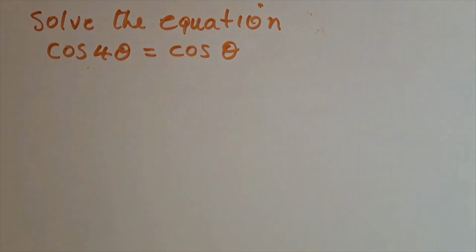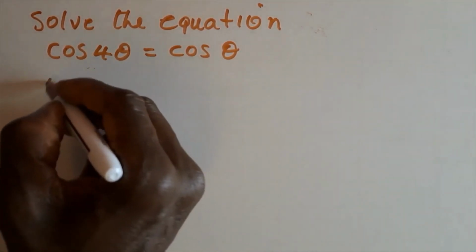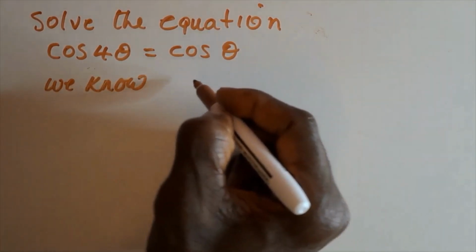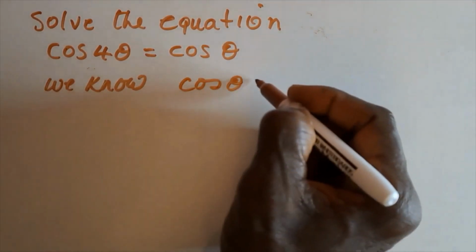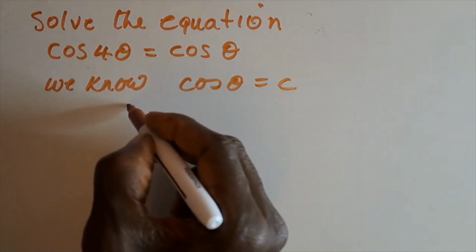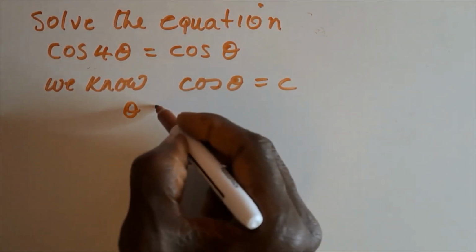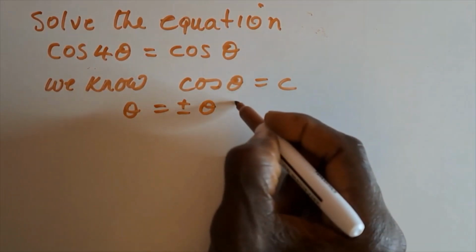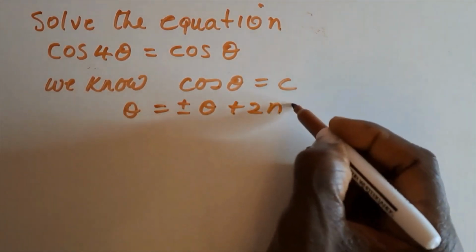Hello mathematicians. Solve the equation cosine 4 theta is equal to cosine theta. What do we know? We know that cosine theta equal to c, where theta is equal to plus or minus theta at 2n pi.